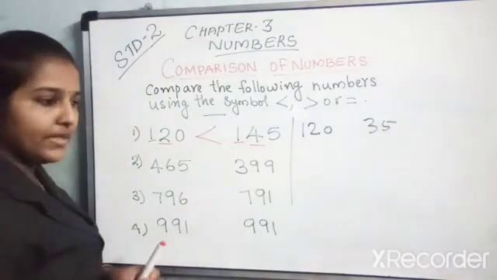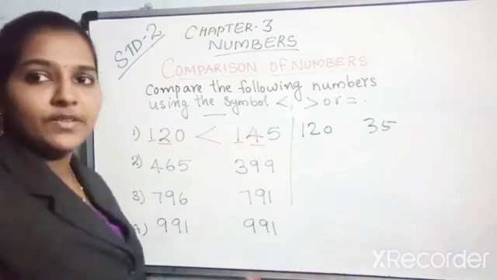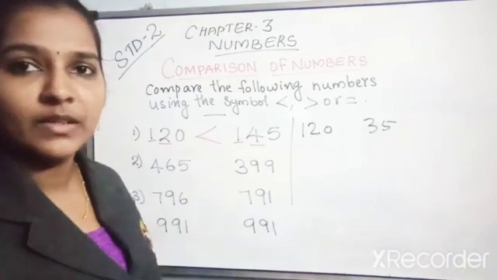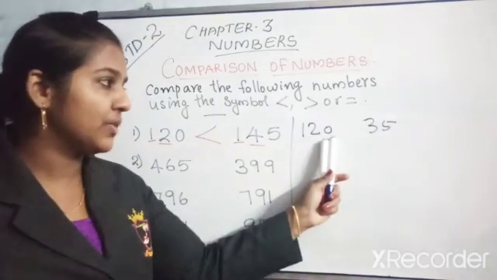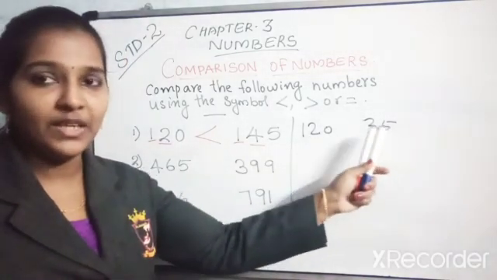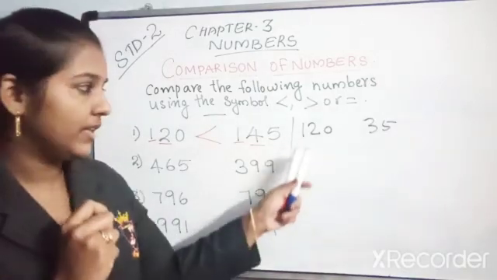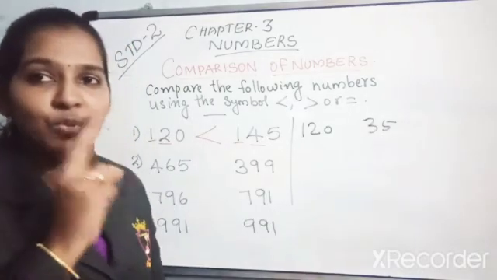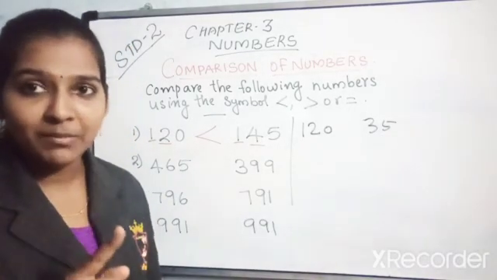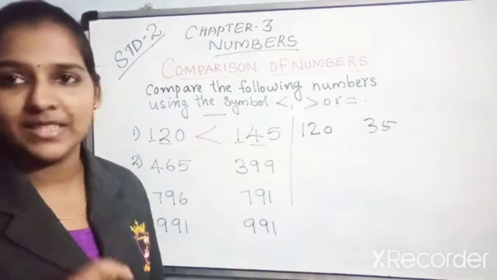120 and 35. Look at these numbers, children. Here it is 120 and 35. So we have to check the number of digits first. Here 120 has 3 digits and 35 has 2 digits. Always remember, a 2-digit number is smaller than a 3-digit number.